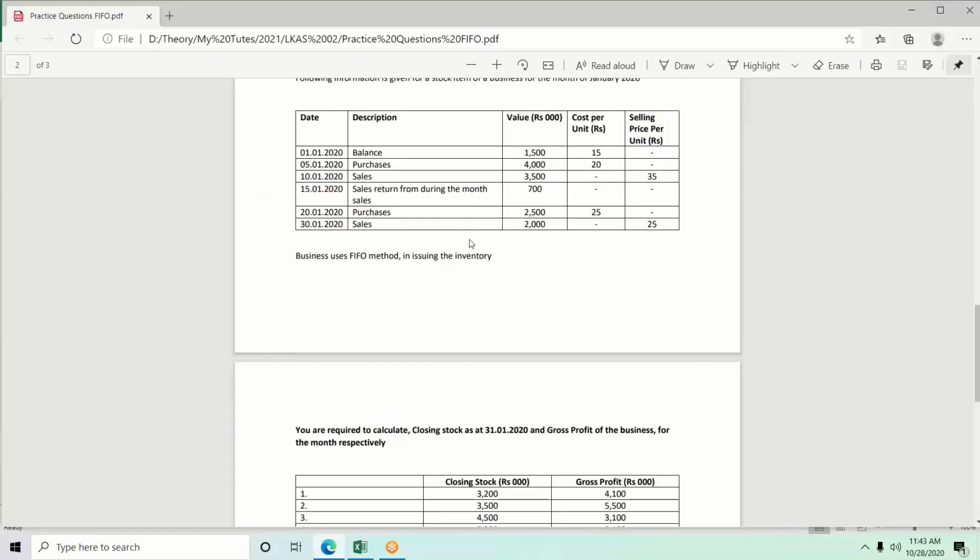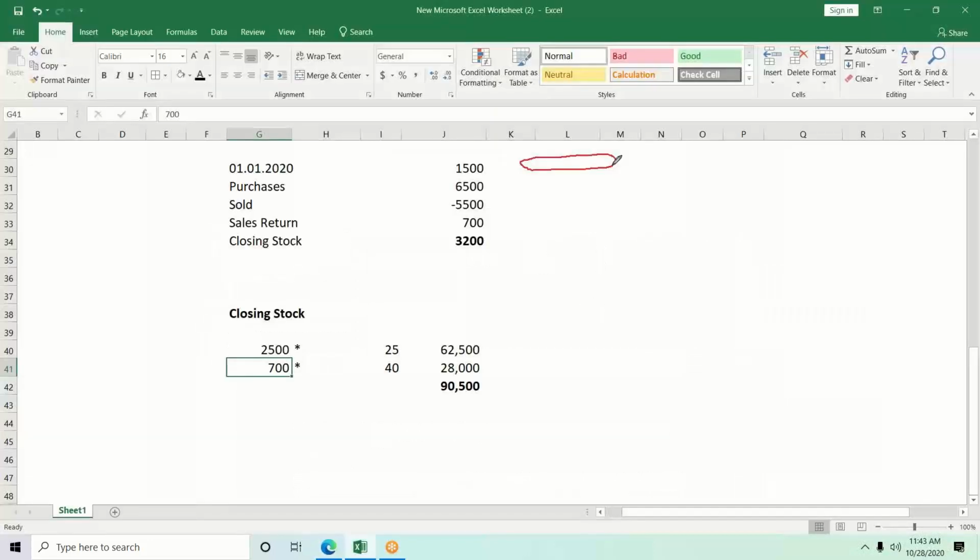That 700 should be from the purchases you made before. So that 700 has to be from this purchase of 20, right? And on that 700 you multiply by 20.